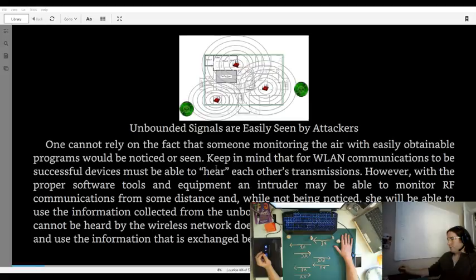They will be able to use the information collected from the unbounded medium. Just because the intruder cannot be heard by the wireless network does not mean they will not be able to gather and use the information exchanged between the wireless network devices.